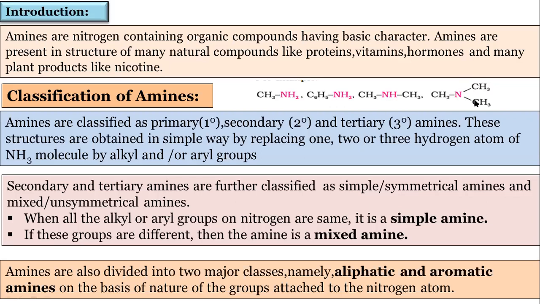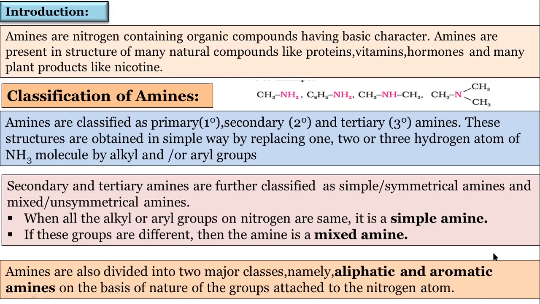Depending upon this, amines are classified as primary, secondary, and tertiary amines. Then the secondary and tertiary amines are further classified as simple or symmetrical, and mixed or unsymmetrical, depending upon the type of alkyl groups attached to the nitrogen. The amines can also be divided into two major classes, aliphatic and aromatic amines.